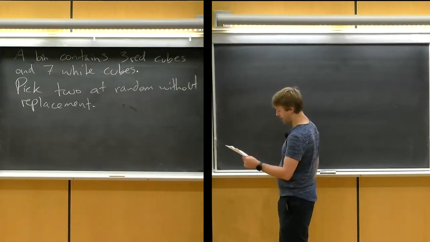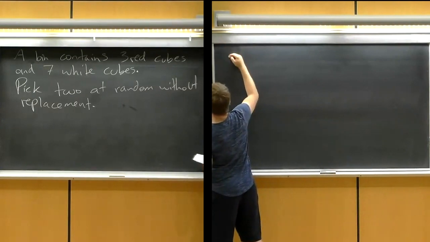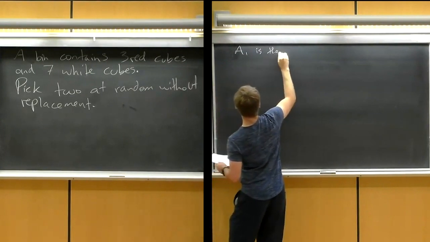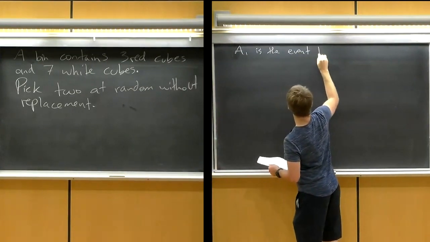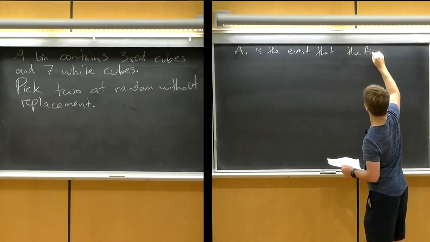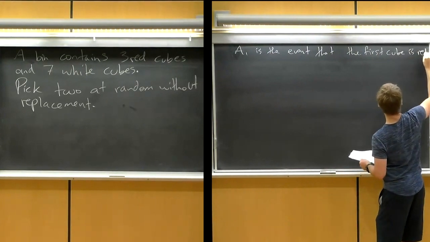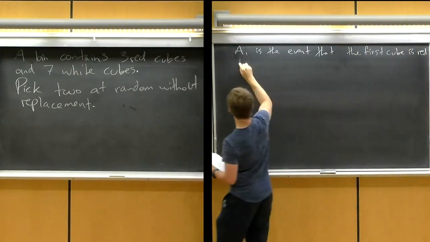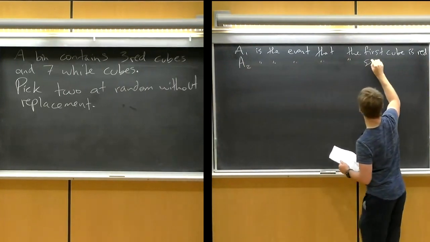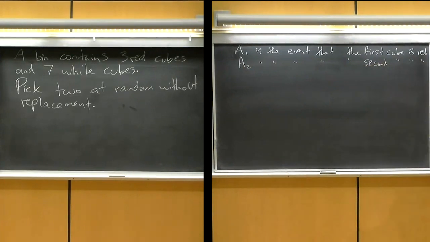So let's say that A1 is the event that the first cube is red, and let's say A2 is the event that the second cube is red.